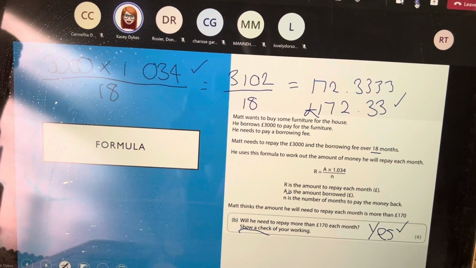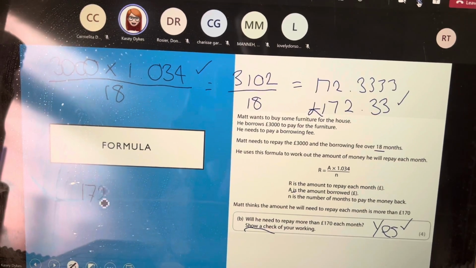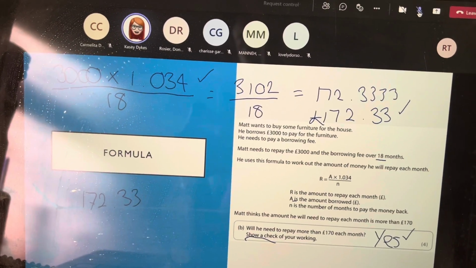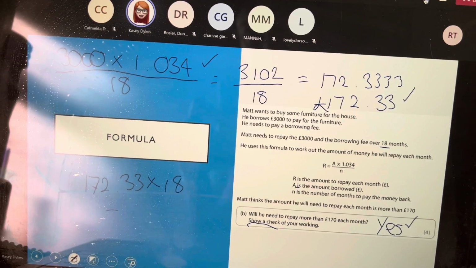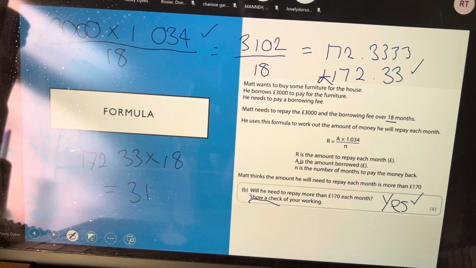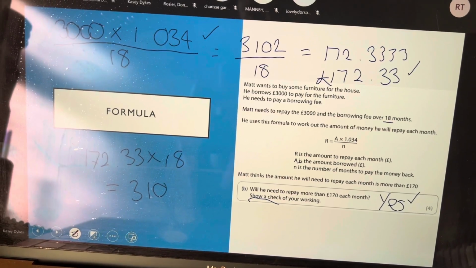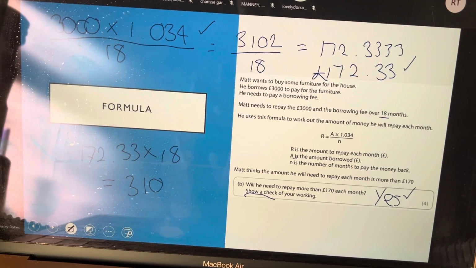So in this instance, I can just take my 172.33 and times it by 18. I think you get 3101.94. Let me double check that.